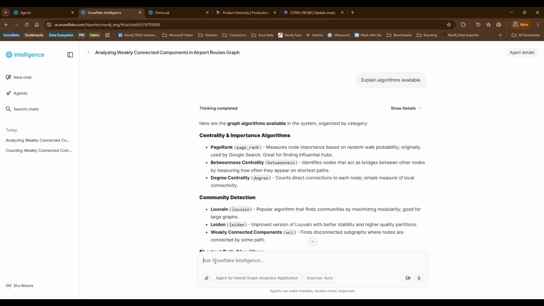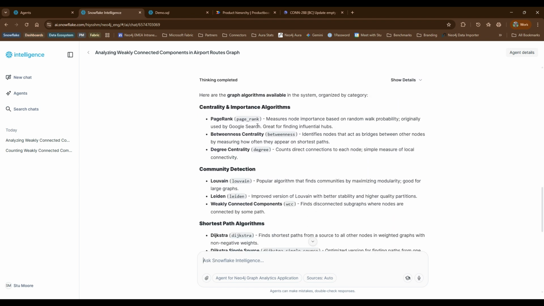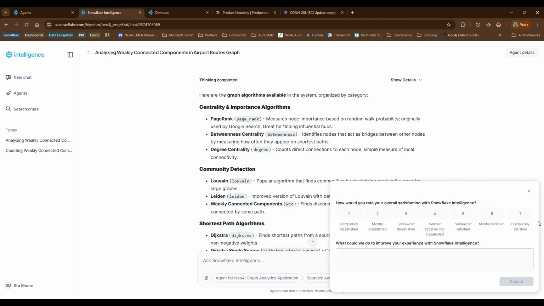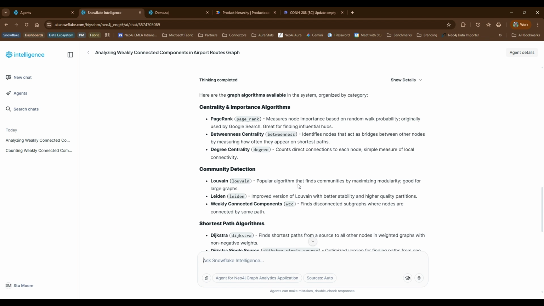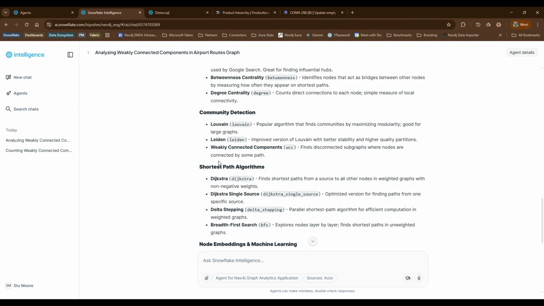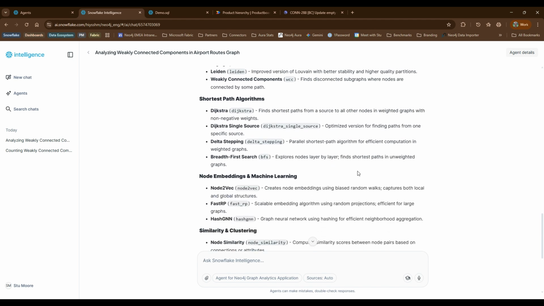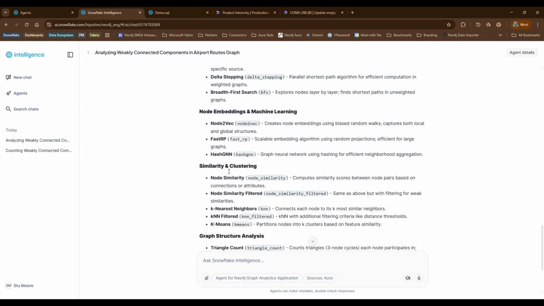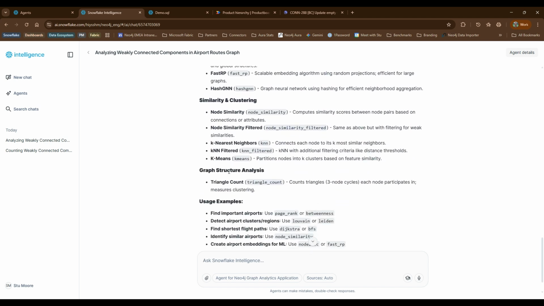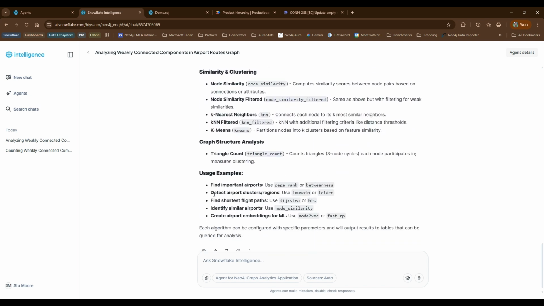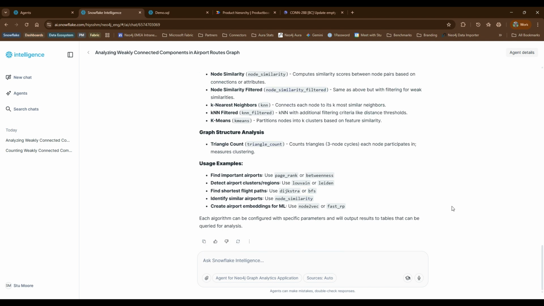I can just ask it, and it says, right, I've got centrality ones and importance, PageRank, for example. Community detection, I've got Louvain, Leiden. Pathfinding algorithms, node embedding, and similarity, for example. And it gives me some example questions.